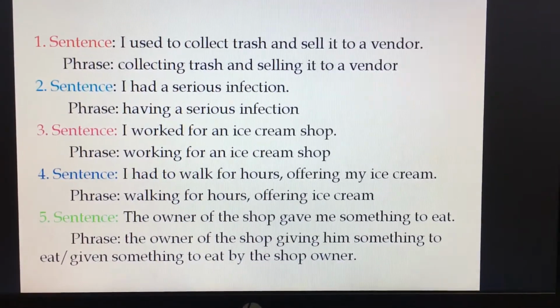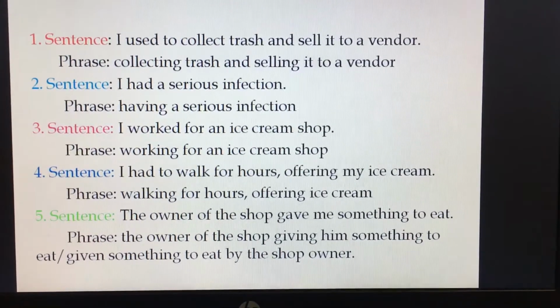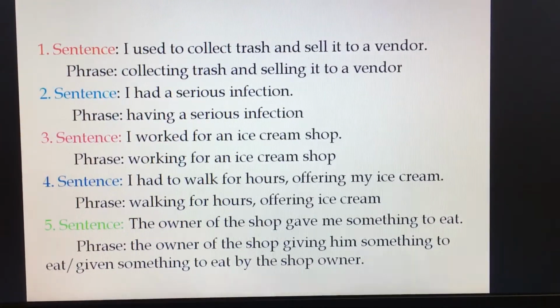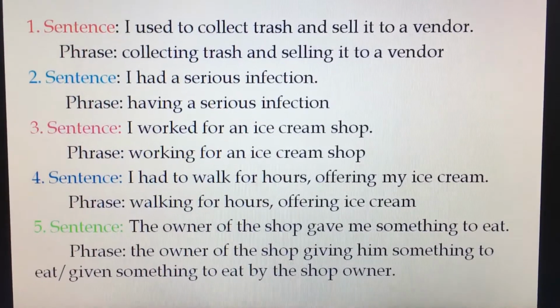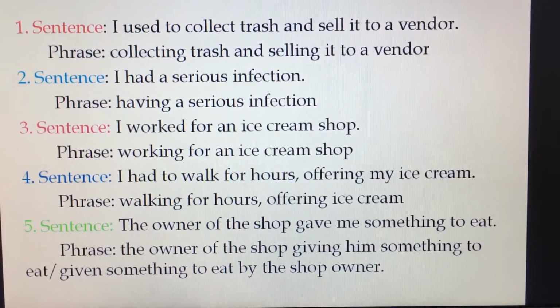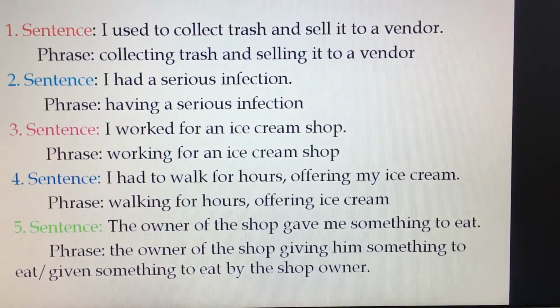Next line, for example, I worked for an ice cream shop. So the phrase is working for an ice cream shop. Next sentence, I had to walk for hours offering my ice cream. You can make it a phrase like walking for hours offering an ice cream. The last sentence is the owner of the shop gave me something to eat. You can make it like the owner of the shop giving him something to eat, or given something to eat by the shop owner.